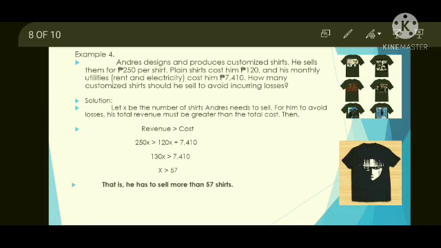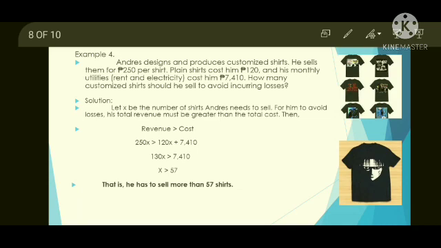120x plus, we will also add the amounts he spent on rent and electricity. That is equivalent to 7,410 pesos. So 120x plus 7,410 is the total amount of our costs.